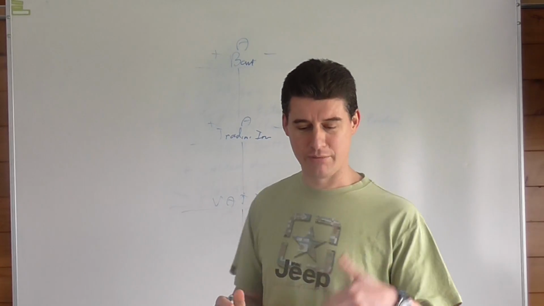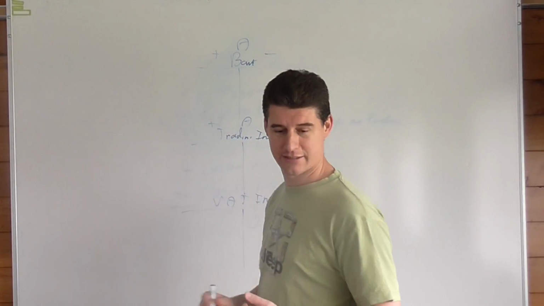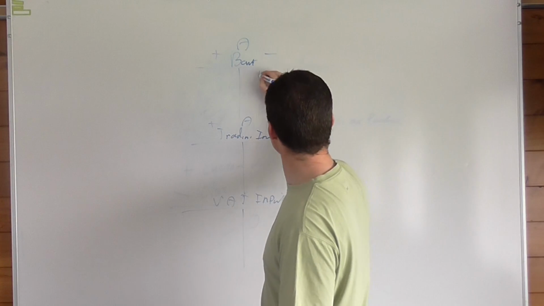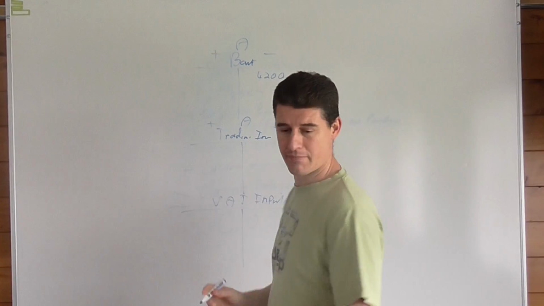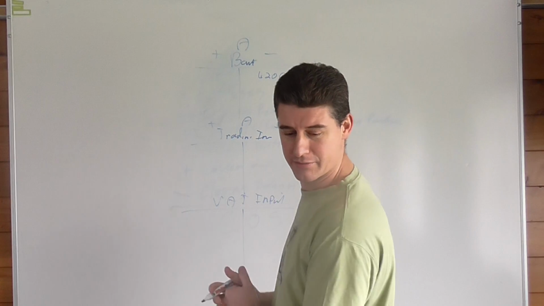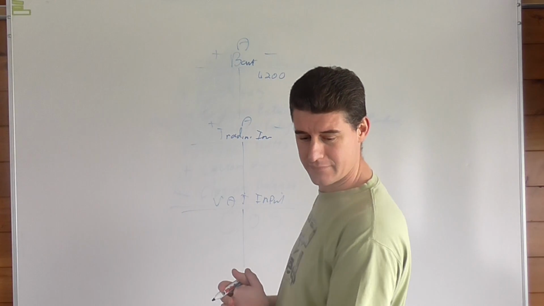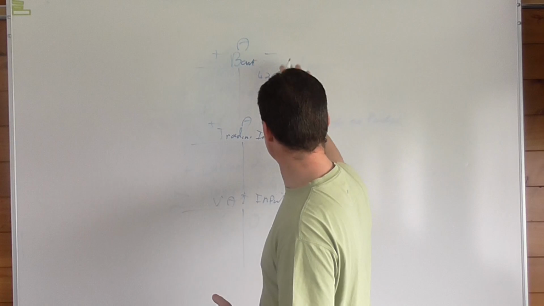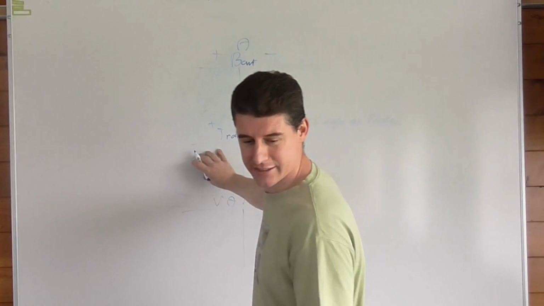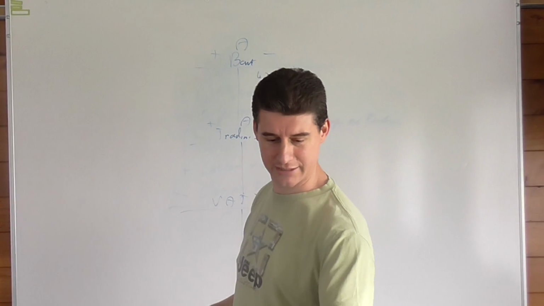So now bank will be credited with 4,200. Trading inventory will be debited with, where is it?